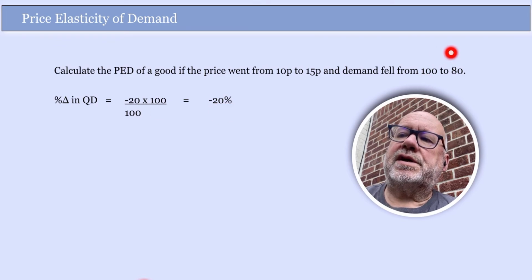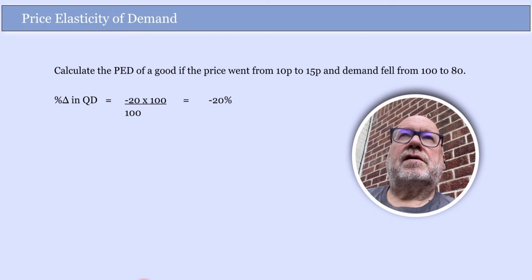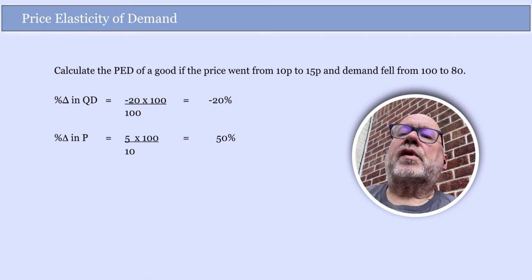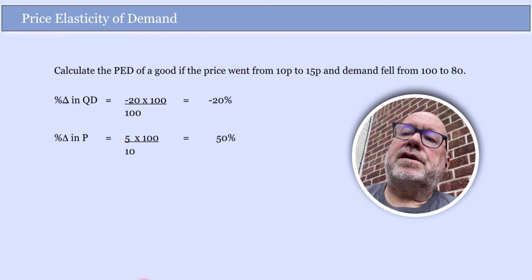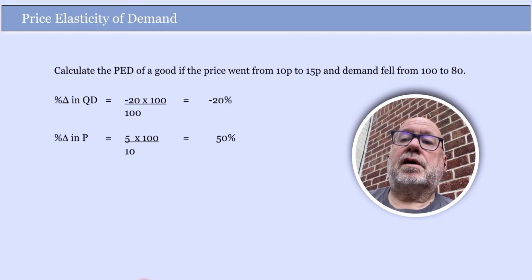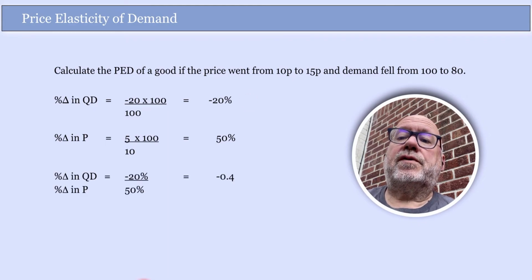So that's a 20% fall. Whereas the change in price, it's gone from 10 up to 15, so it's 5 over the original 10p, and that gives you a percentage of 50. So the PED is minus 20 divided by 50, which will give you a value of minus 0.4.